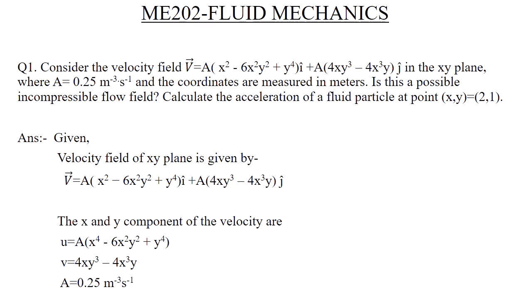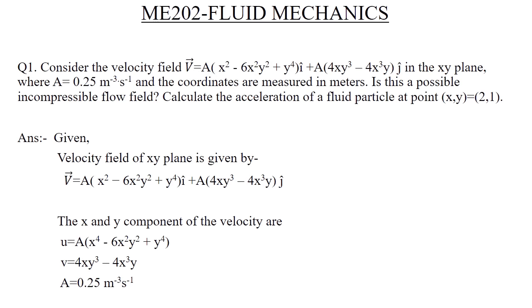Is this a possible incompressible flow field? Calculate the acceleration of a fluid particle at point x and y equal to 2, 1. So we have to find the acceleration of the fluid particle at this point.